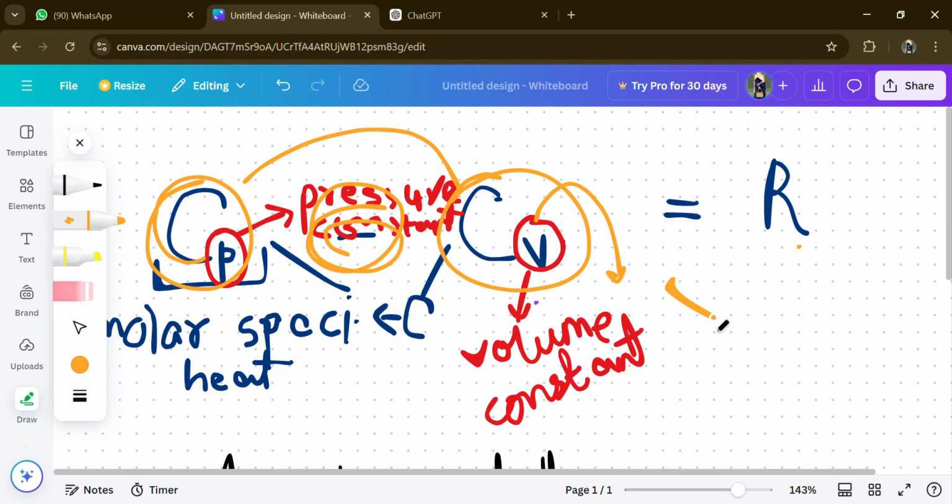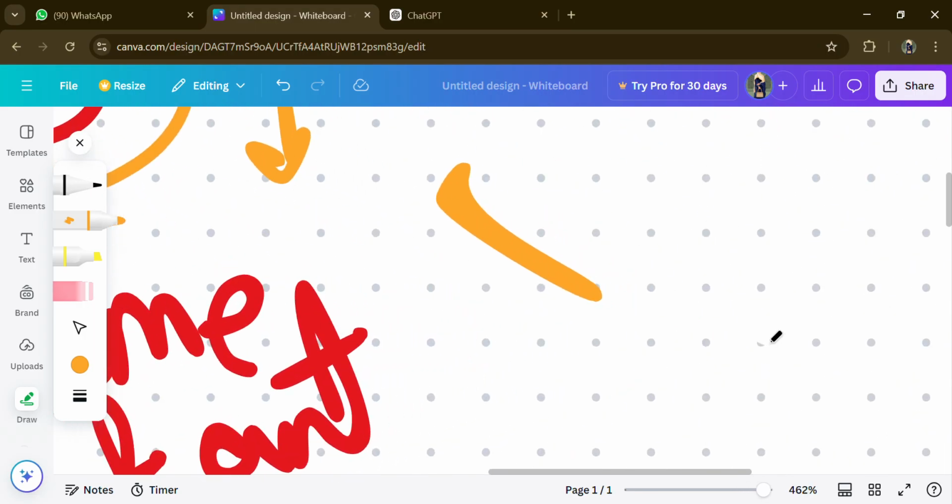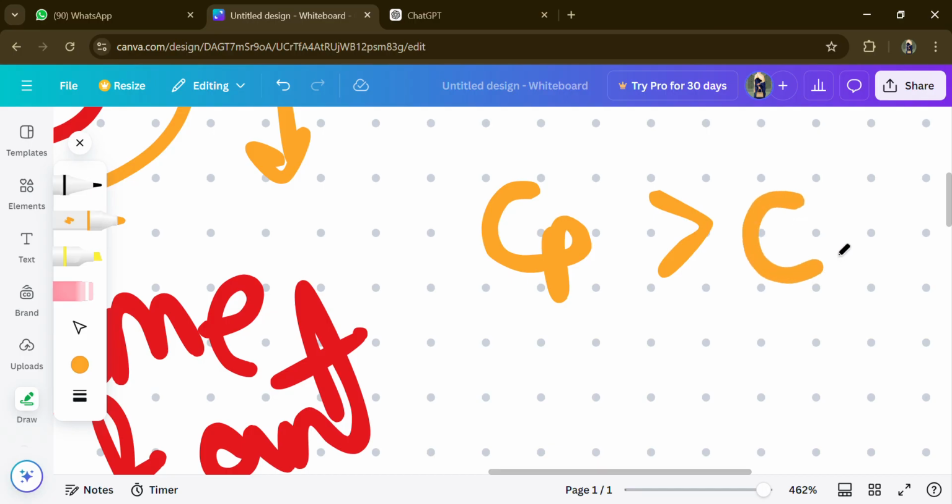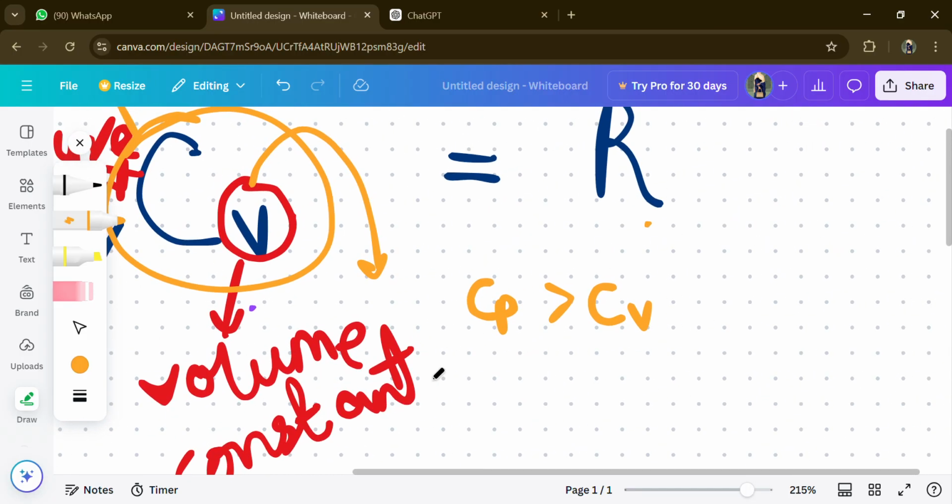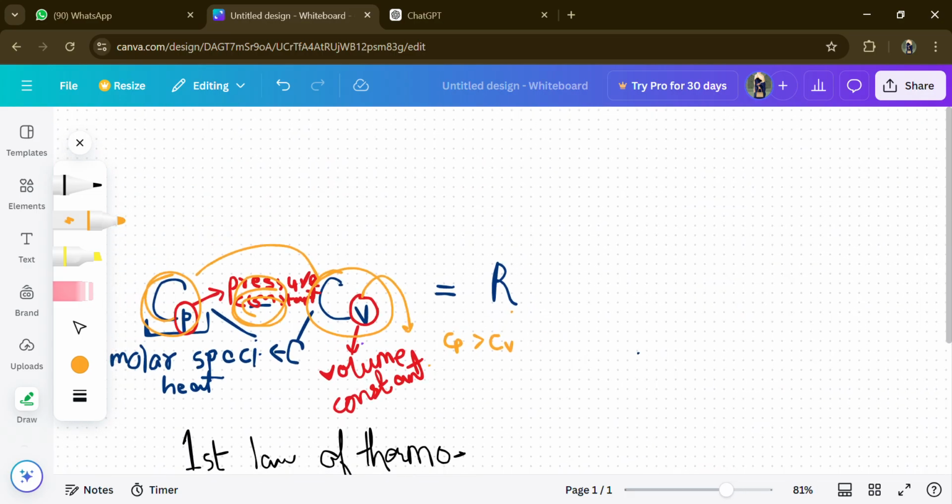For that, we have a conceptual situation. First, note down this line: Cp is always greater than Cv. Now let's see why it actually happens.